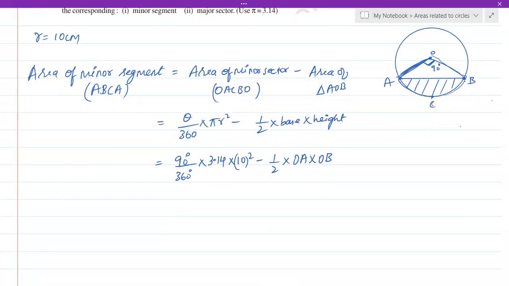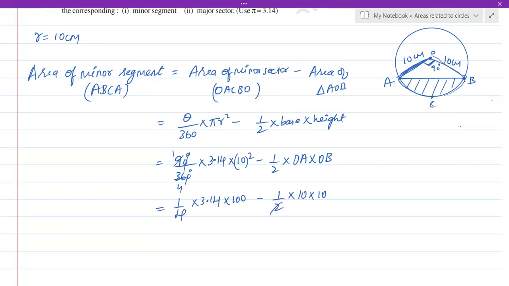Now 90 by 0 gets cancelled. 9 ones are 9, 9 fours are 36. So what we are left with is 1 by 4 into 3.14 into 10 square, that is 100, minus 1 by 2 into OA into OB. What is OA? OA is the radius of the circle, which is 10 centimeter. OB is also the radius of the circle, that is also 10 centimeter.